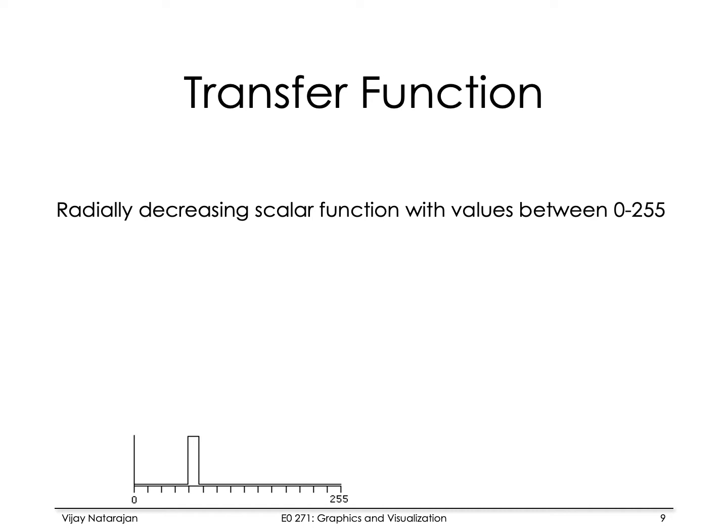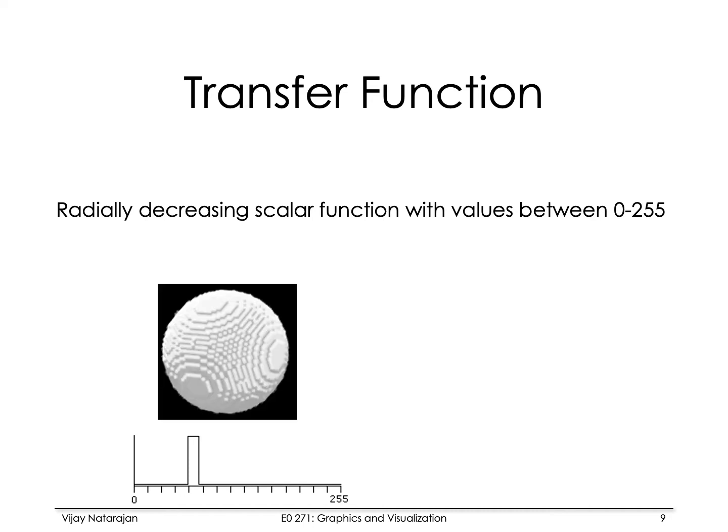So let's say we have a step function. We would get an isosurface. Of course, for this data, the isosurface is a sphere. The artifacts here are due to the low resolution of the data and nothing else.